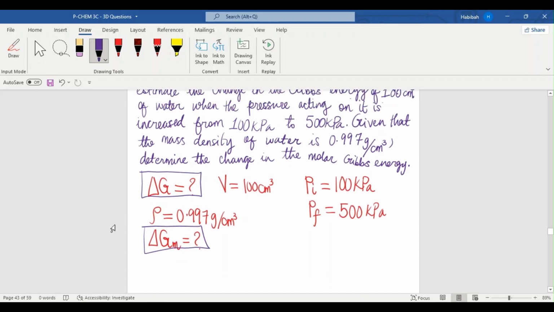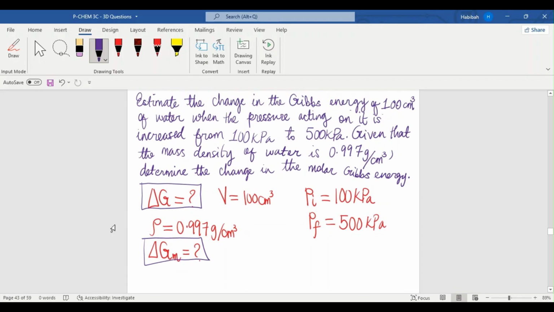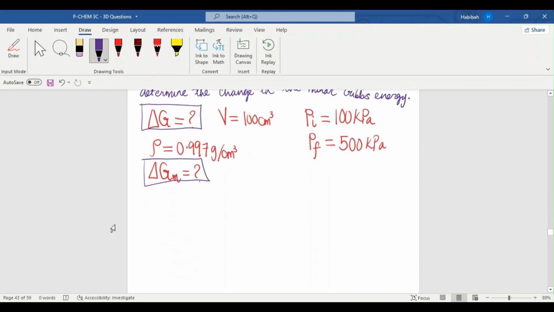Now, the first thing you have to note is this. We have a question where we are meant to find the Gibbs energy and molar Gibbs energy. For anyone who might be confused, you have to note that the change in molar Gibbs energy is the same thing as the change in Gibbs energy divided by the number of moles.